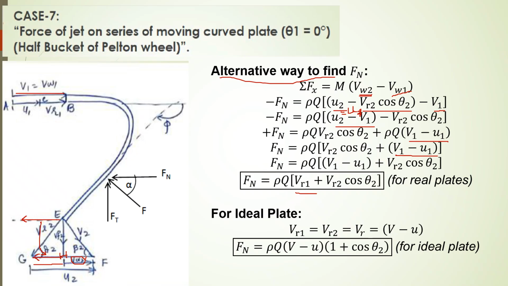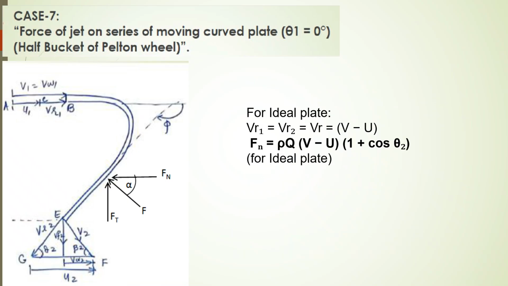Then for ideal plates, again the same scenario: VR1 is equal to VR2 is equal to VR is equal to V minus U. And finally we have this expression for the ideal case. So we have Fn finally for ideal plates, highlighted over there.